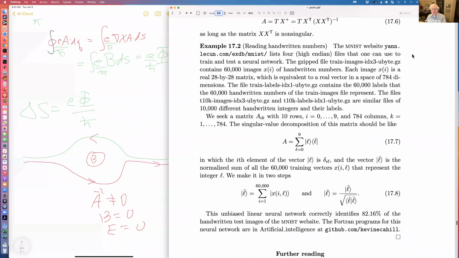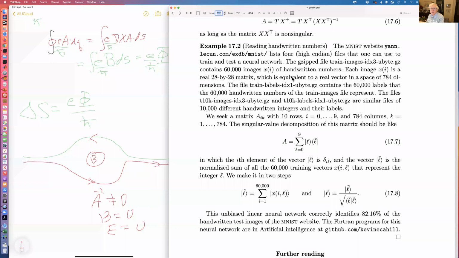Reading handwritten numbers, and there's a website called Yann LeCun's, yann.lecun.com, and so forth. And there are 4 files that one can use to train and test a neural network.